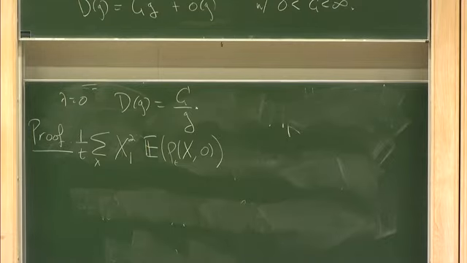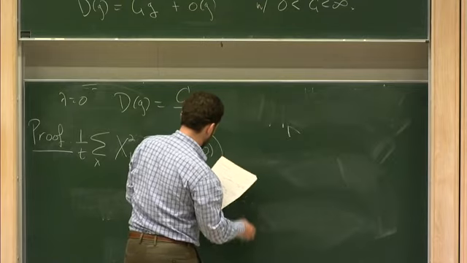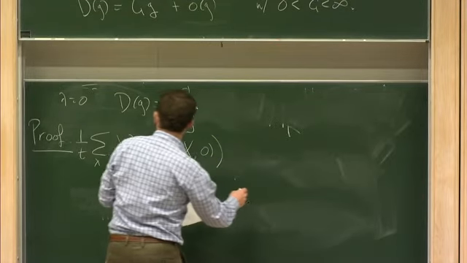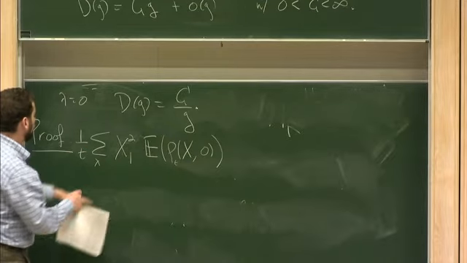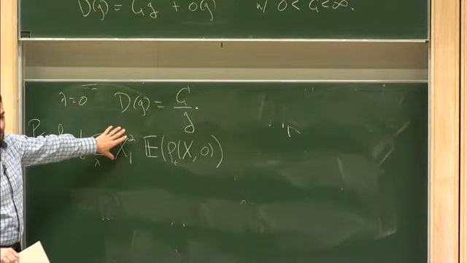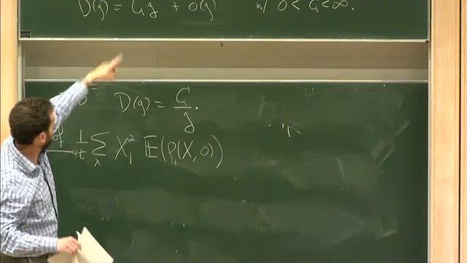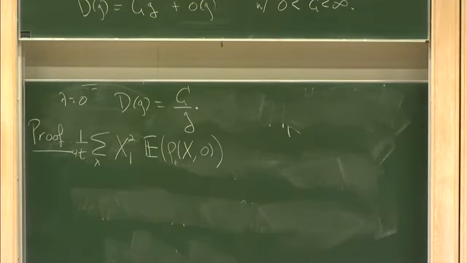And it suffices to prove that this converges to some number, which will be that d. And there's a factor of 2, which turns into a factor of 4, if you want to be honest here, because capital X is the sum of 2 coordinates. So if I want to really get to that, then I have to divide by 4.